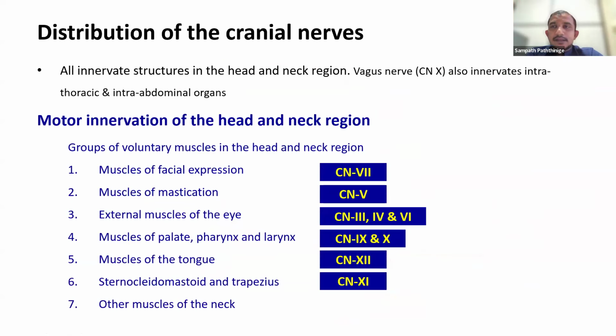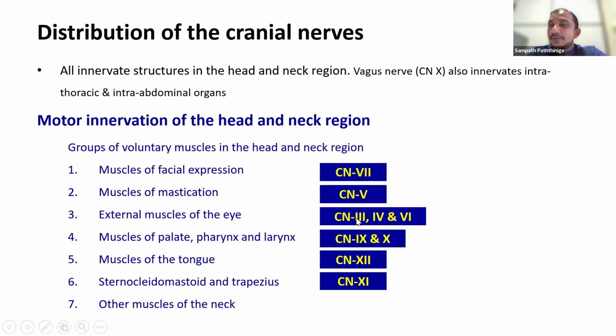So there is a distribution. The cranial nerves are basically concerned with supplying the head and neck region, where we have different sets of muscles. The muscles of facial expression are from the facial nerve. The muscles of mastication are from the mandibular nerve, the third part of the trigeminal nerve.